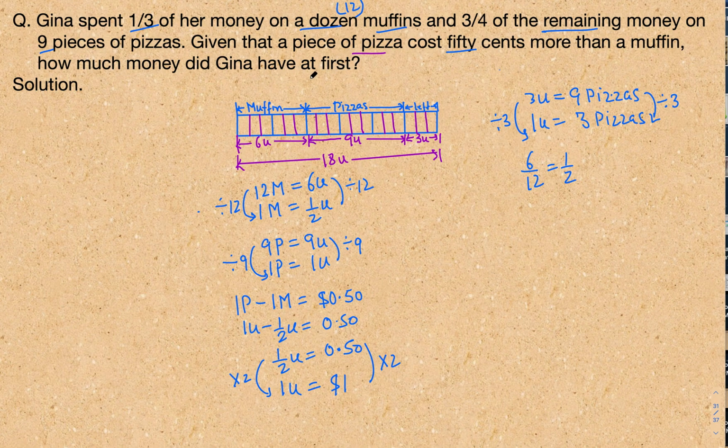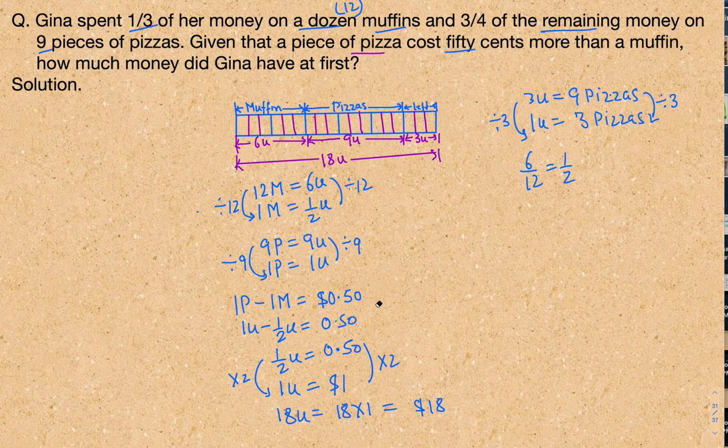She has 18 units of money, and we know that 1 unit is $1. We can easily find how much 18 units will be: 18 times 1 equals $18.